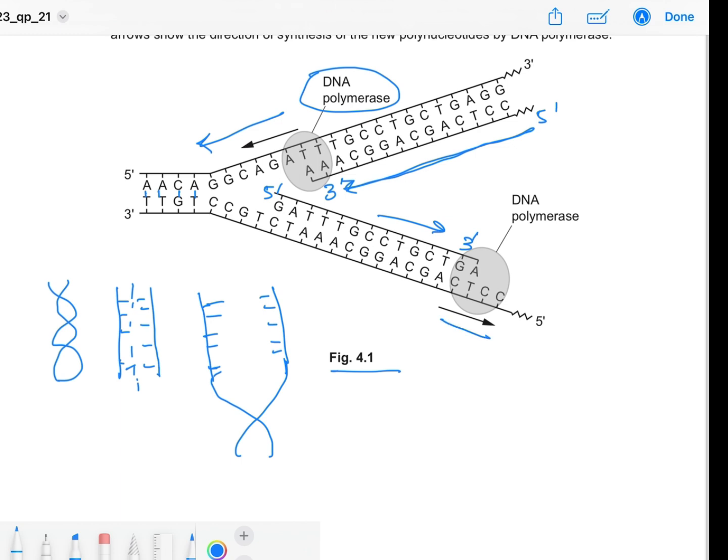You can see that the DNA polymerase enzyme is moving away from the replication fork. So once again, the leading strand is built towards the replication fork, and the lagging strand is built away from the replication fork by DNA polymerase.